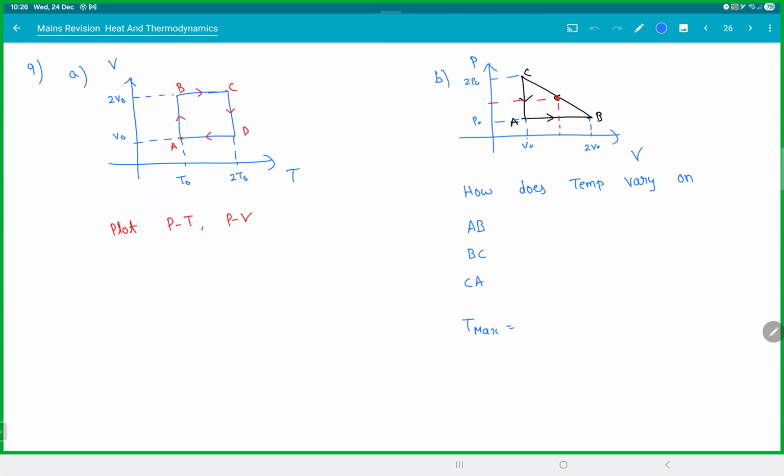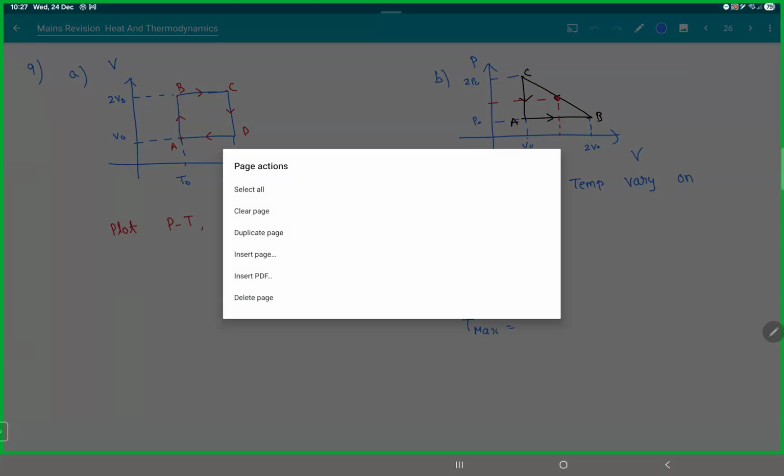Let's finish off. Last thing, the graphs. Hope you guys remember that PV graph in this thing.